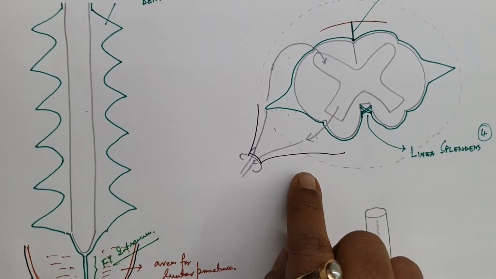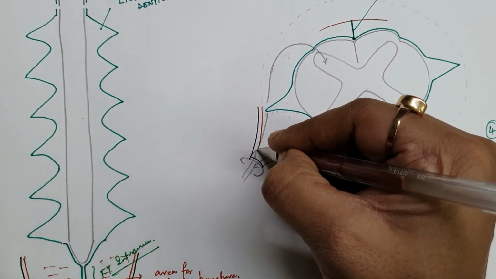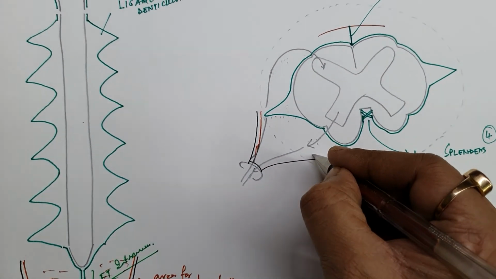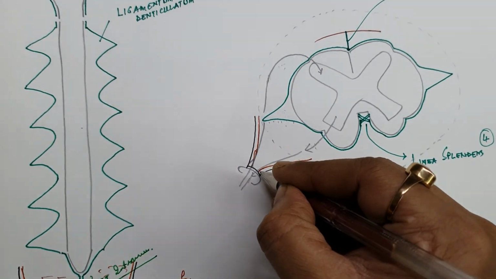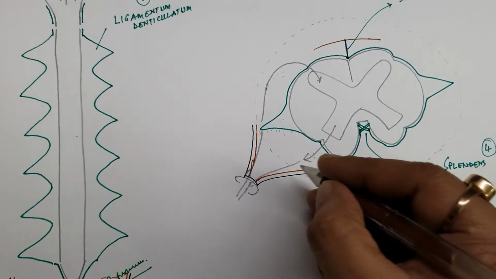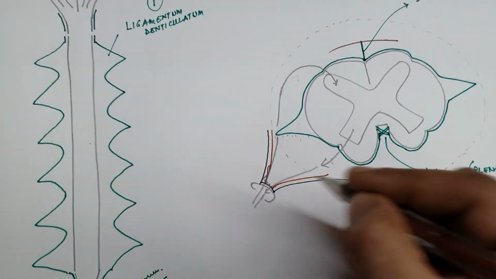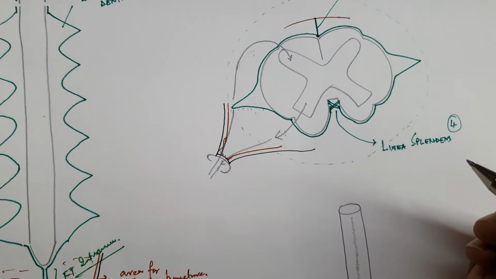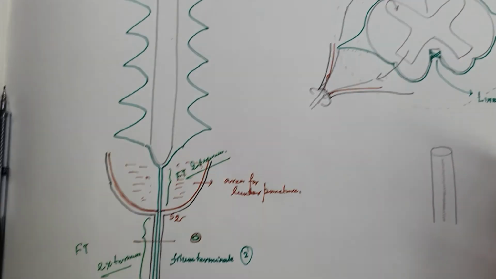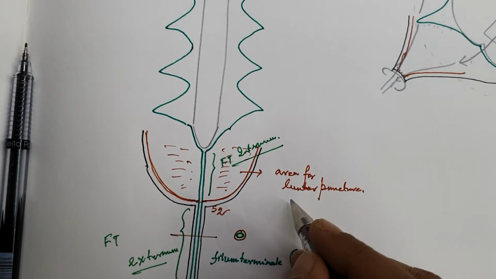This is the dura, and this is the arachnoid. So the CSF flows till the intervertebral foramen in the lateral section. So this one is the area of the lumbar puncture.